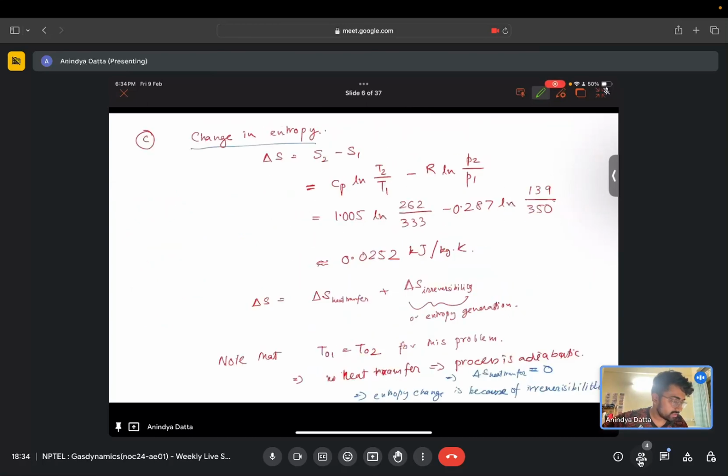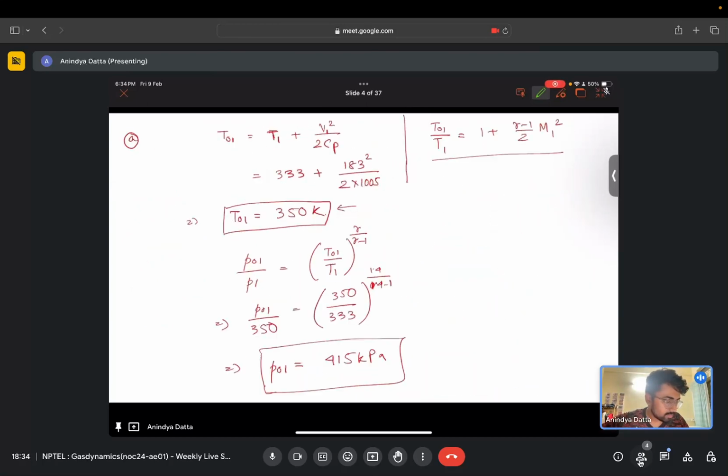If we go back to this equation, the difference between stagnation temperature and static temperature is v1 square by 2 cp. This is sometimes called velocity temperature, because v1 square by 2 cp has the units of temperature, but it comes from the kinetic energy part.